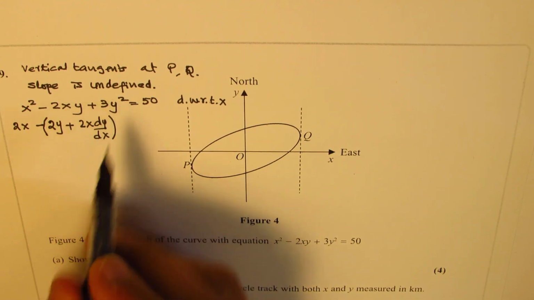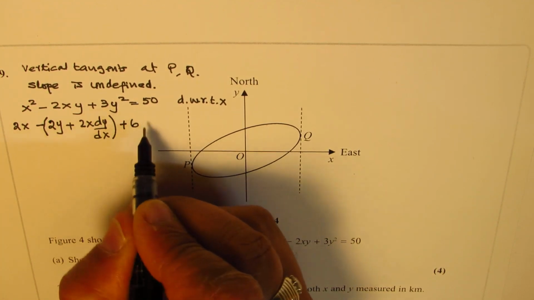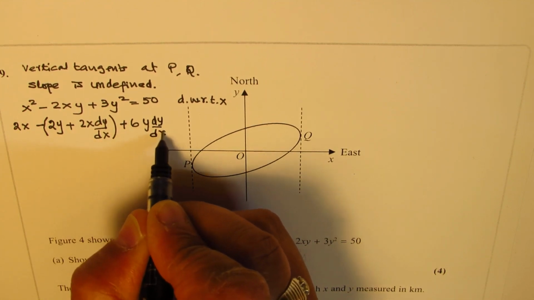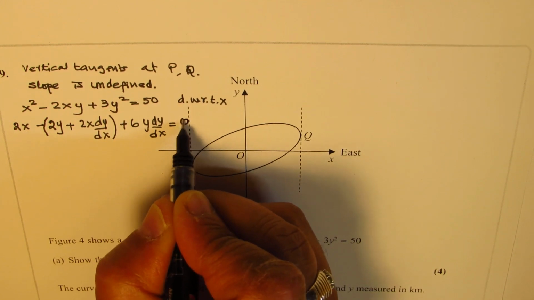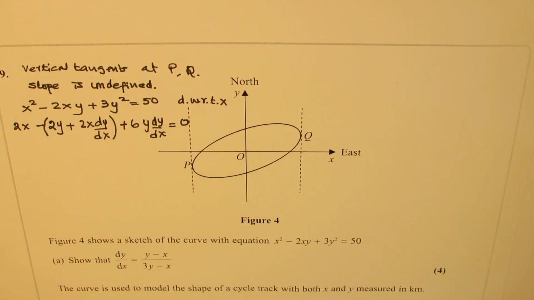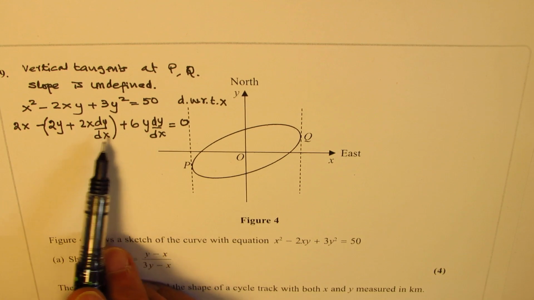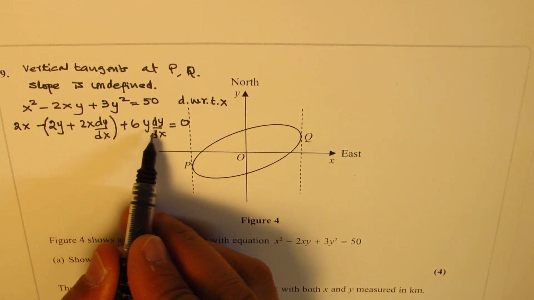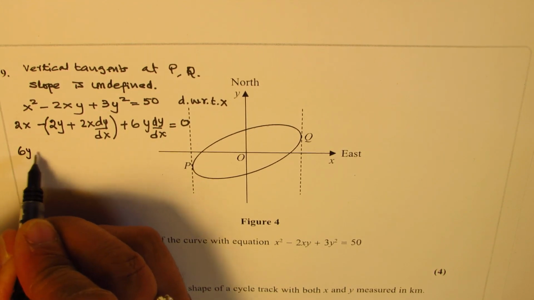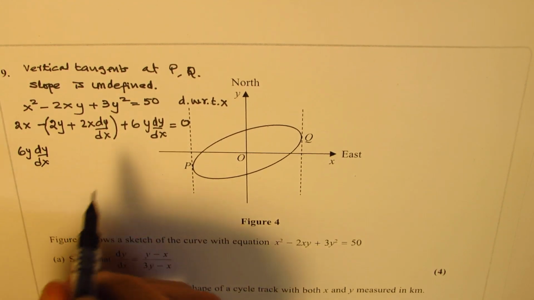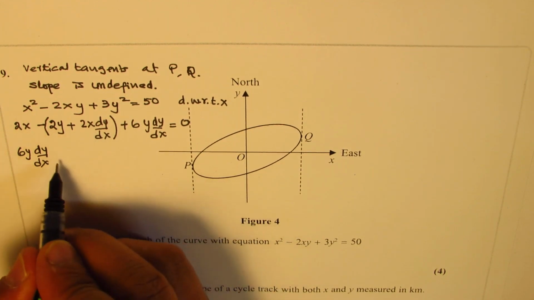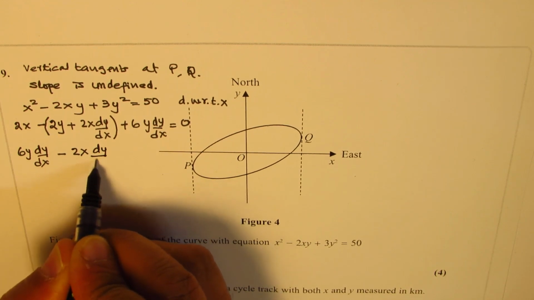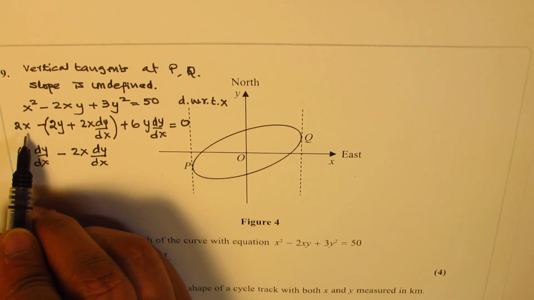Now the derivative of 3y squared is 6y dy/dx, equals the derivative of 50, which is 0. Now we need to rearrange, so let's open the bracket. We have the term 6y dy/dx, and when you open the bracket, you get minus 2x dy/dx.